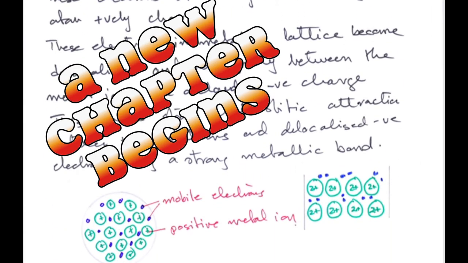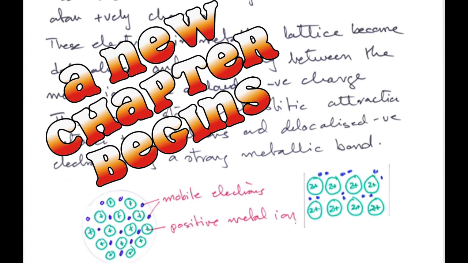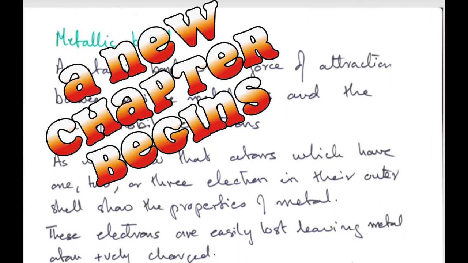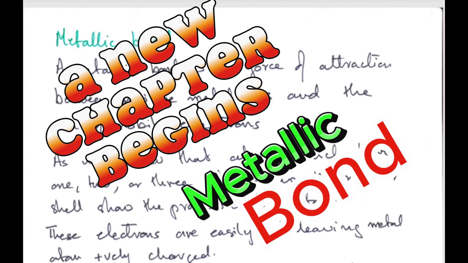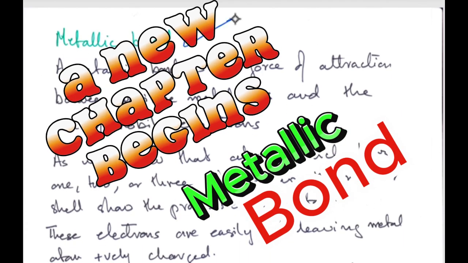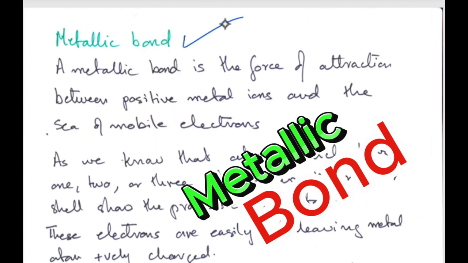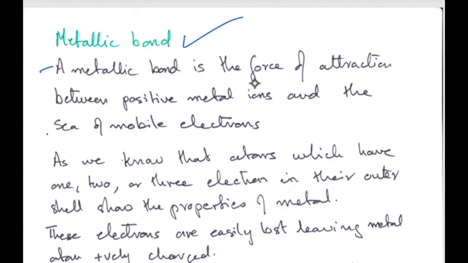So this was the end of giant molecular structures. Now I come to yet another type of bonding, that is metallic bonding. A metallic bond is the force of attraction between positive metal ions and the sea of mobile electrons. To understand this definition, we need to study the structure of metal atoms.